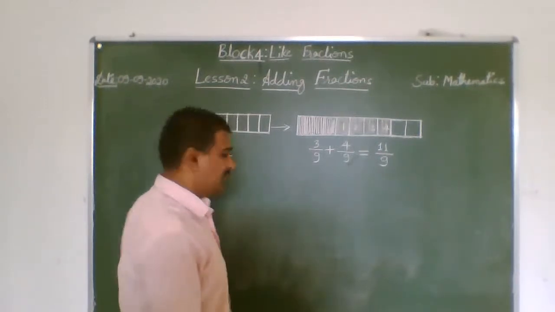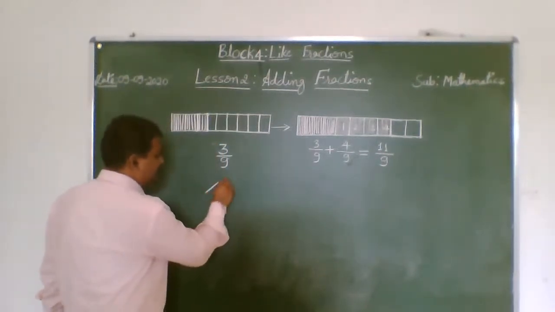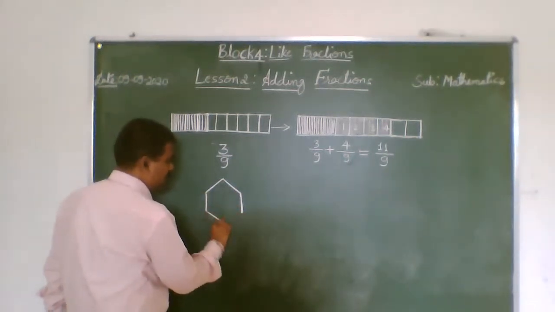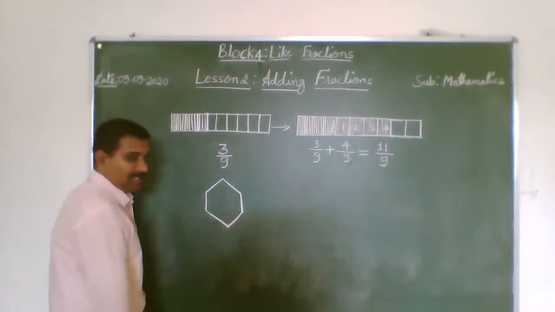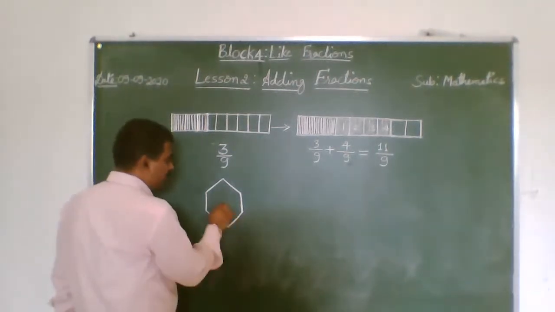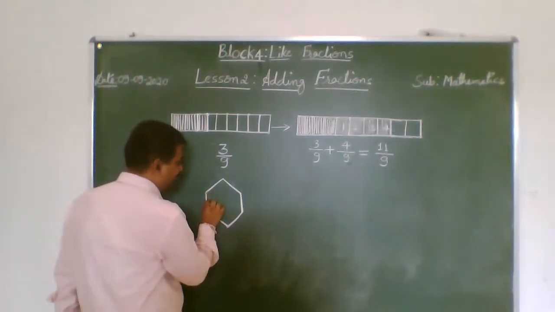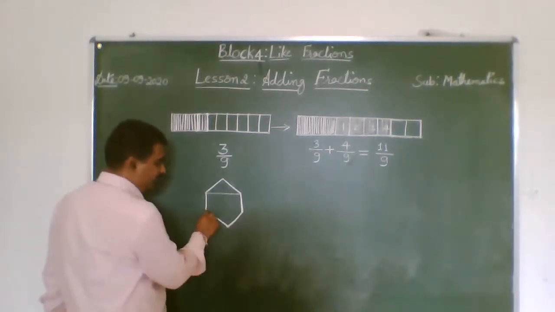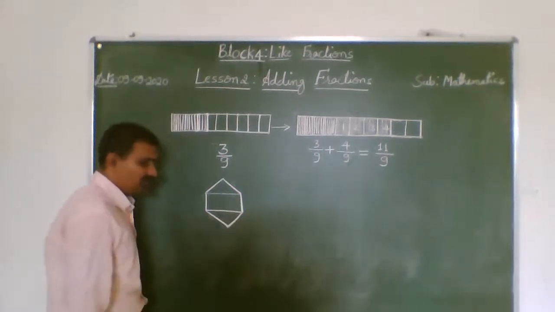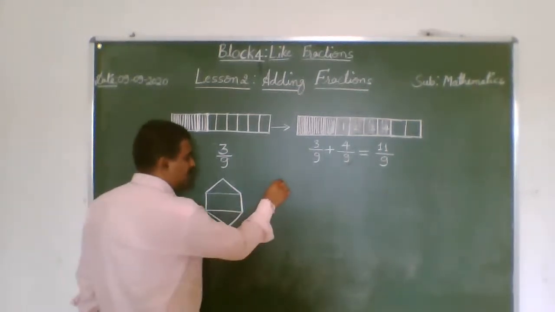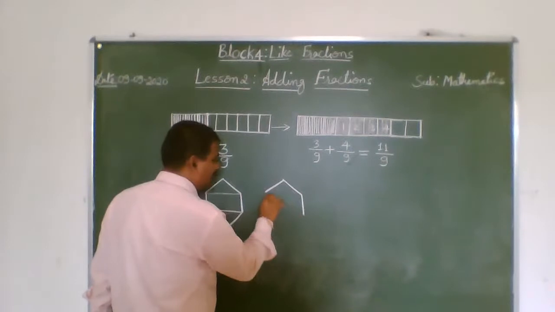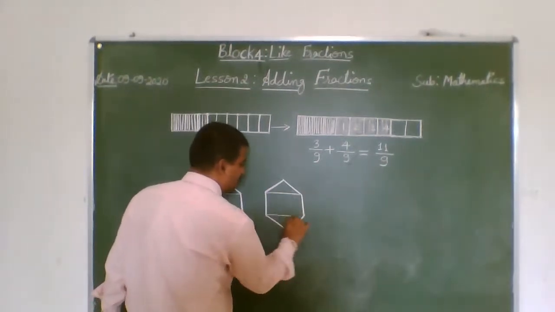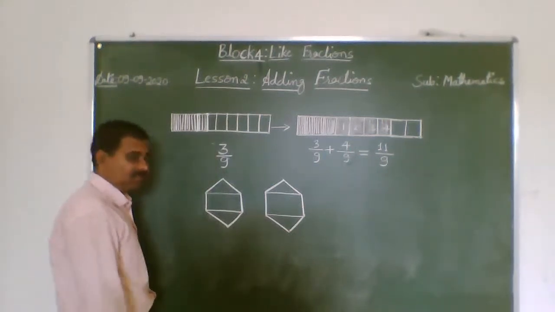Now let me take one more example, children. As you know, this is a hexagon. So here I will shade. First make it into 3 parts. So the same hexagon I will draw here of 3 parts, right?